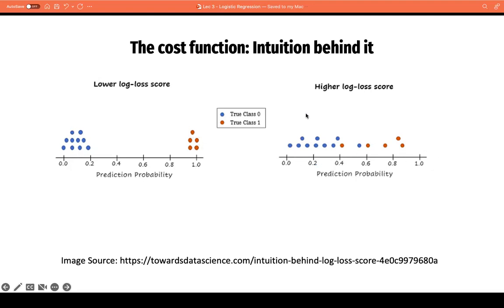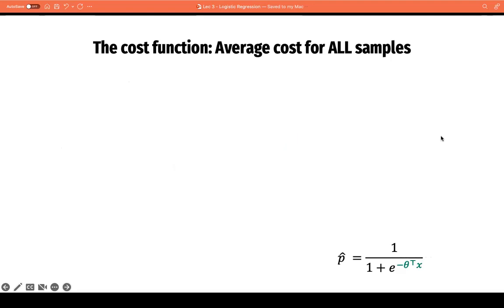Unlike this higher log loss score, wherein, let's say, the probabilities of those true class 0 instances are close to 0.5, and the same goes for those positive instances.